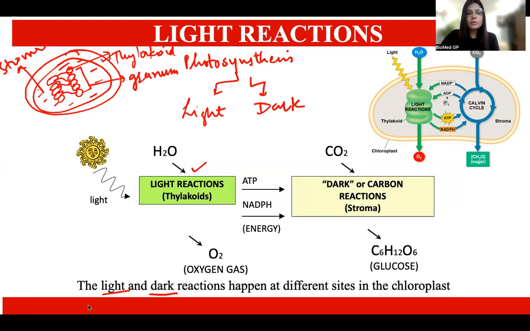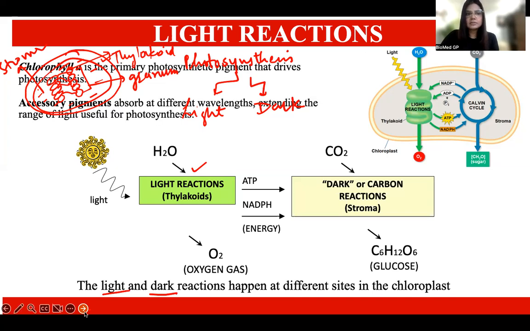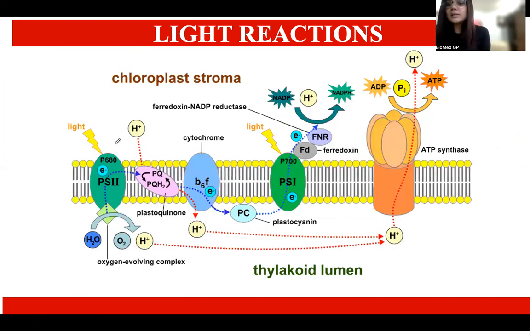And now we are going to look into detail the light reactions. The light reactions are the reactions which are happening in the presence of light. And where are they happening? They are taking place in the thylakoid membrane. So here what you can see is the thylakoid membrane.